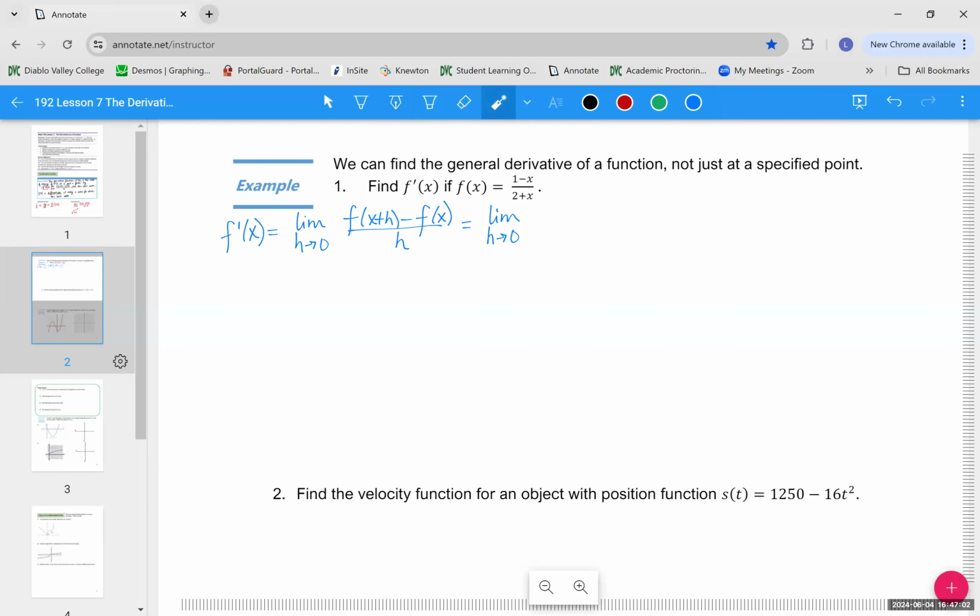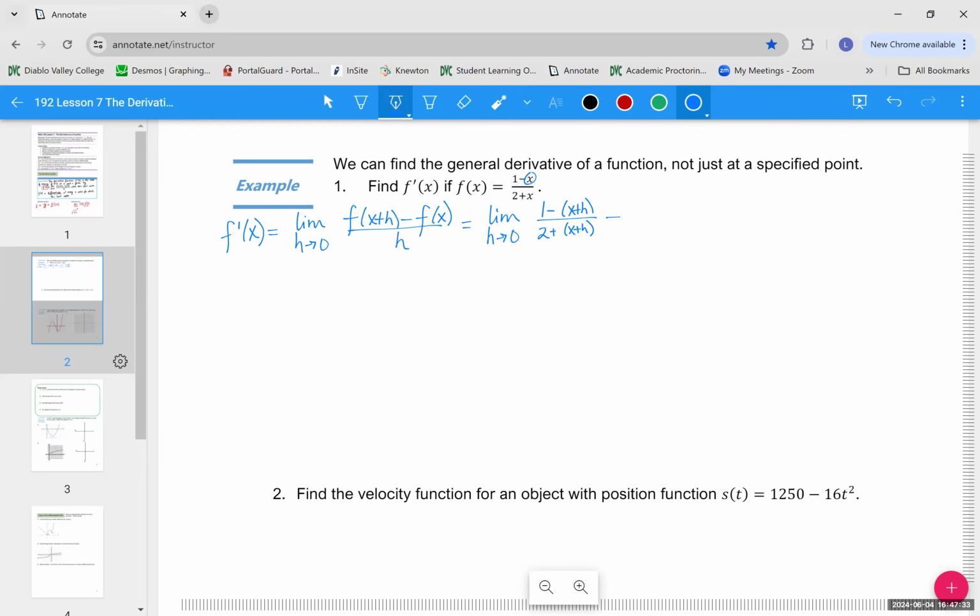You are substituting x plus h into this function. Everywhere you see an x, you need to replace it with x plus h. So that would be 1 minus x plus h. You'll notice I have parentheses, 2 plus x plus h, because I have to subtract this entire input, which in this situation on the top has 2 terms.